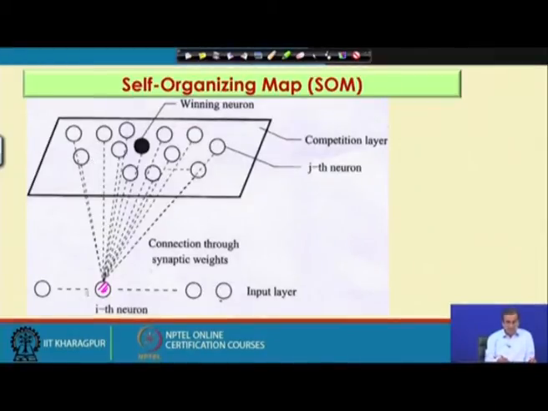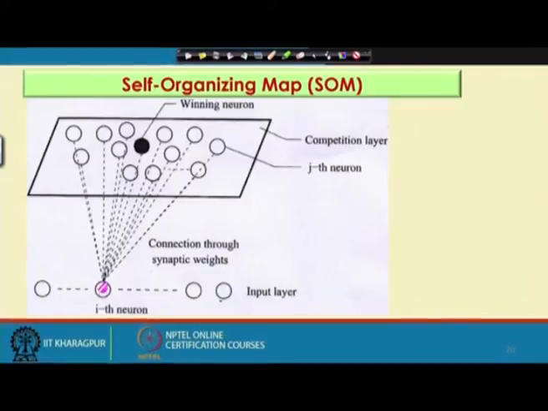Now, once we have generated those Wji values at random, I can determine the Euclidean distance between the ith data point and all such Wji values. So, how many Euclidean distance values will we get? I will get 1000 Euclidean distance values, and that is nothing but the Euclidean distance between the ith input point and the Wji connecting weights.